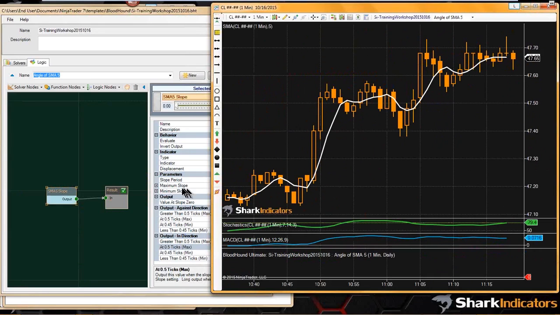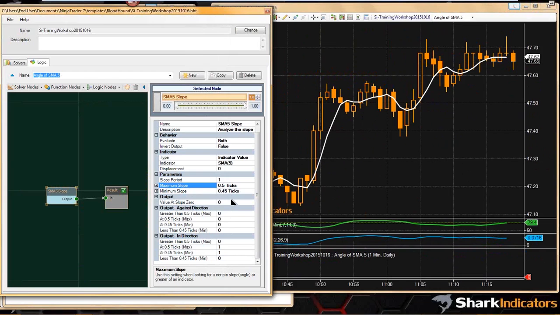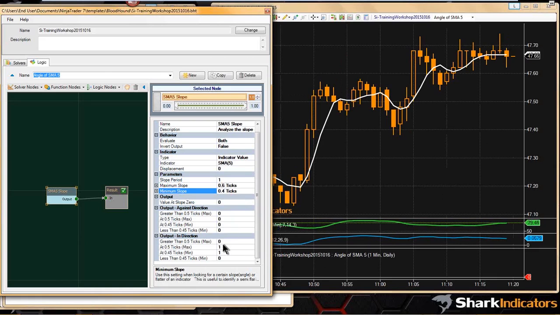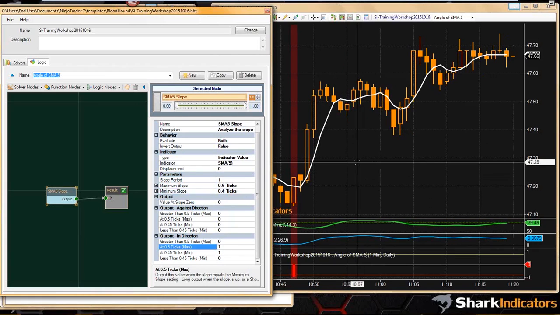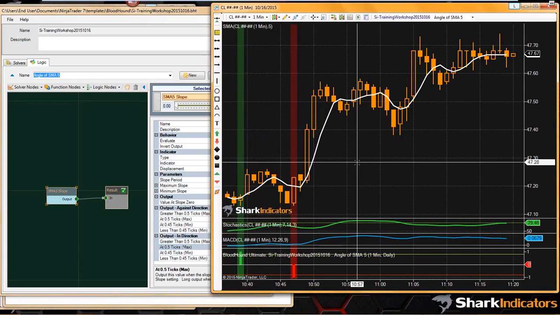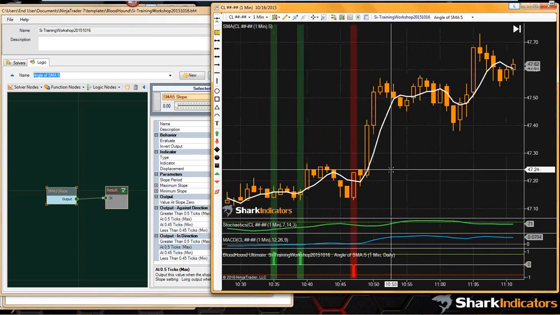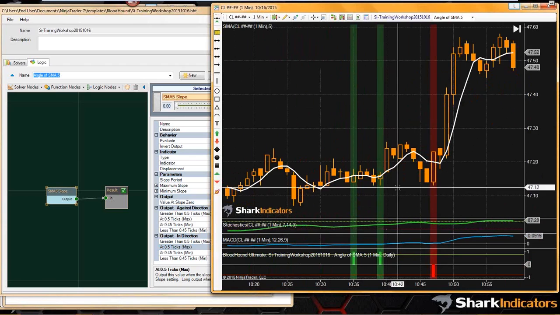Alright, still not finding anything, so let me loosen up the constraints here. So let's go 0.6 to 0.4, and there we go. Now we're starting to get something.